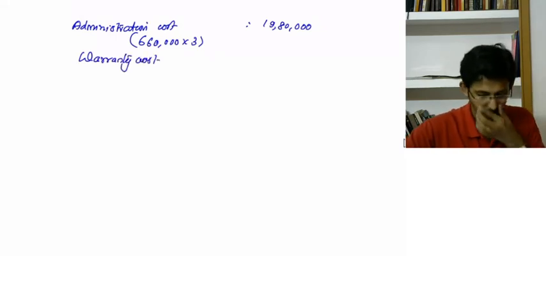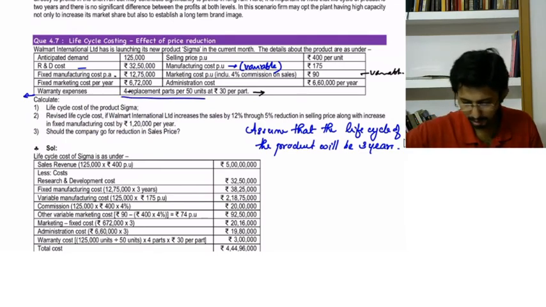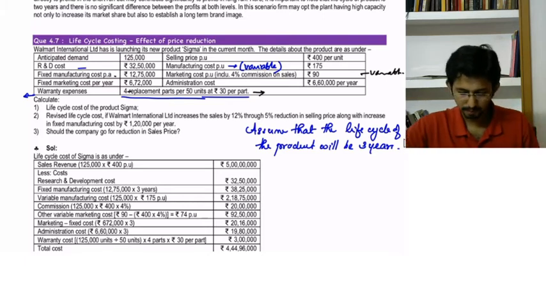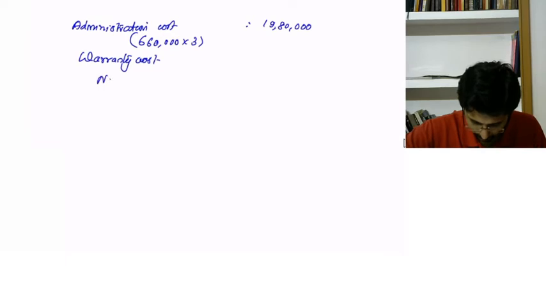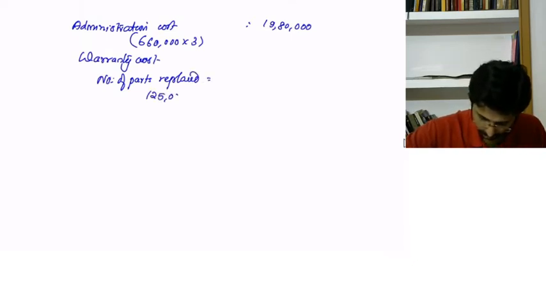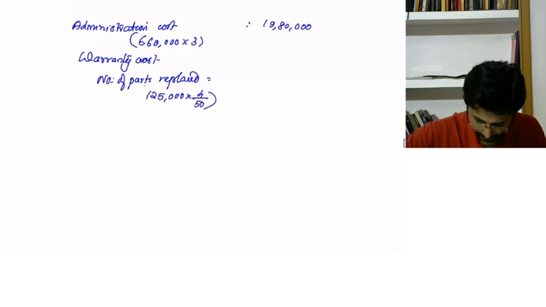Okay, then comes warranty cost. How do you compute the warranty cost? Warranty expenses, they say 4 replacement parts per 50 units at rupees 30 per part. So the number of parts replaced will be, 1,25,000 units we have already sold, and they say 4 parts for every 50.